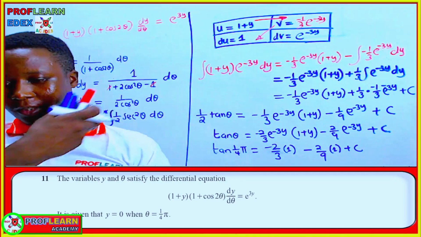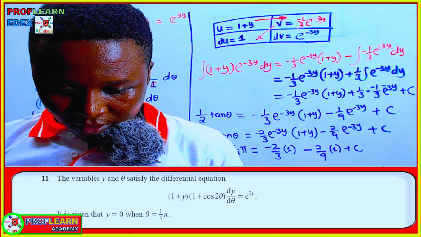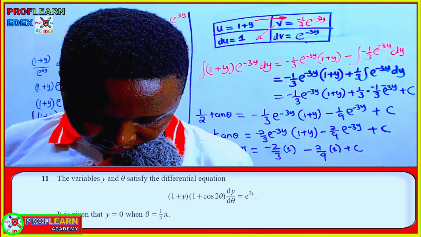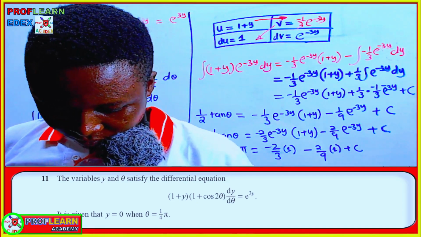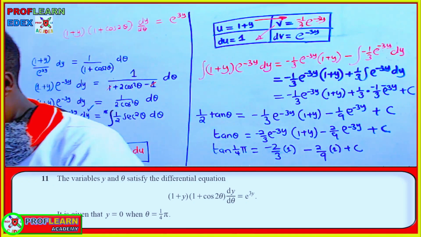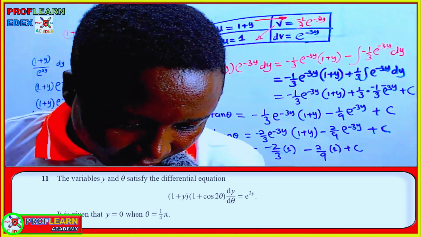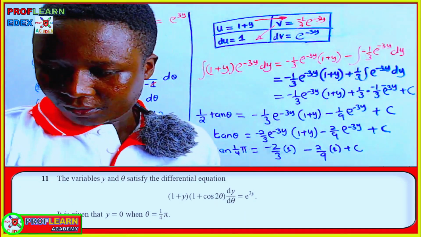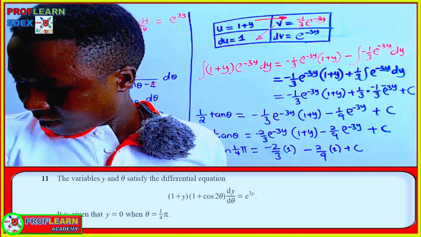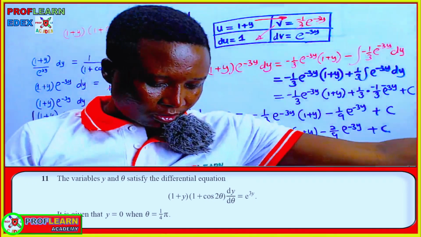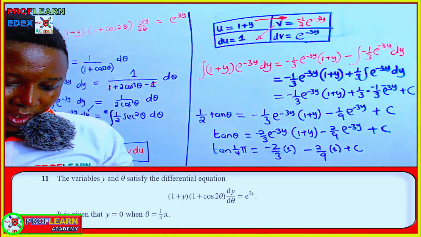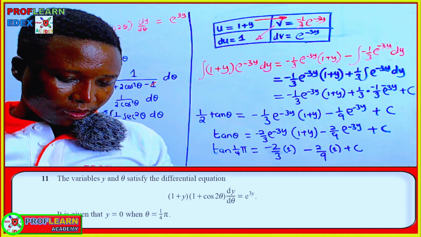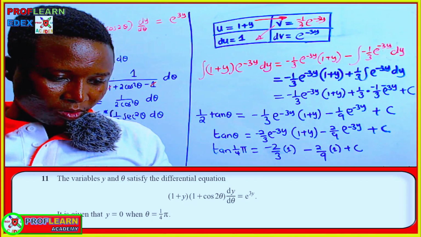Let us just try to find what the value of tan 1 over 4 pi is.